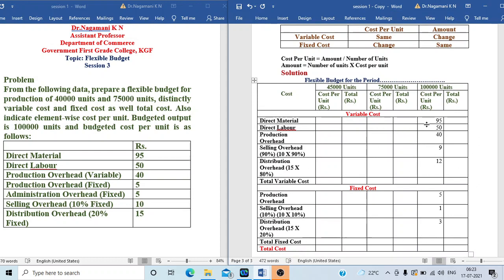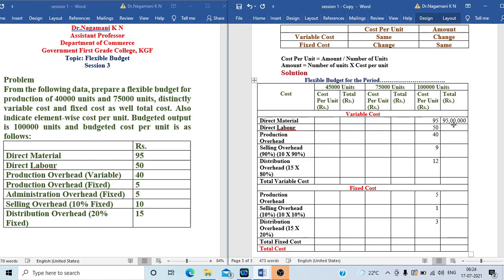See, cost per unit for 1 lakh we have entered. Now we should calculate the amount. How to calculate the amount? Number of units into cost per unit. Number of units is 1 lakh and cost per unit is 95 for direct material. If we multiply, we will get 95 lakhs. Then for direct labor, 50 into 1 lakh, 50 lakhs will come.